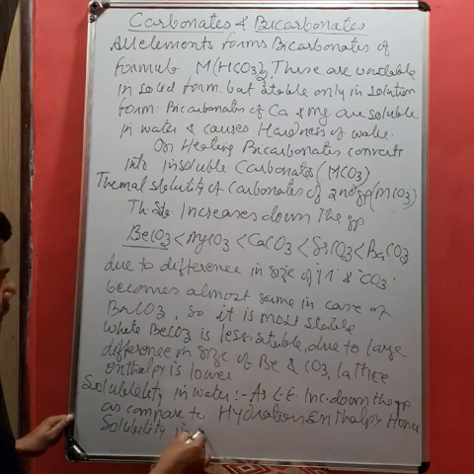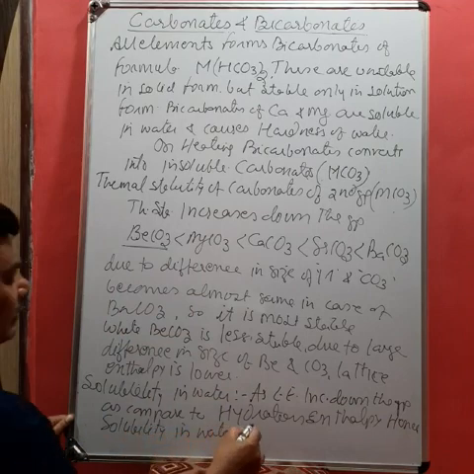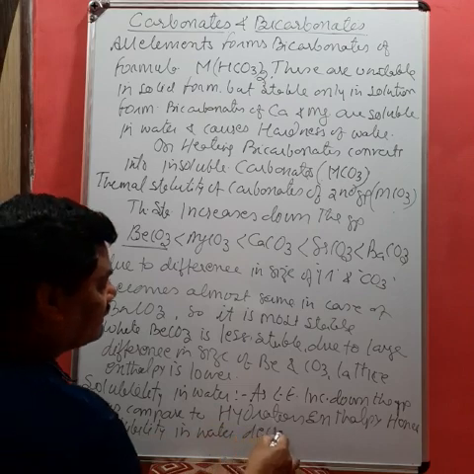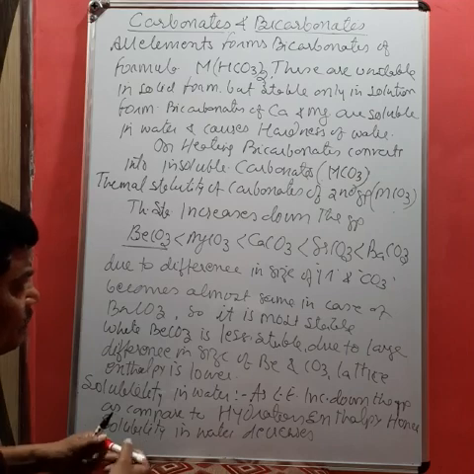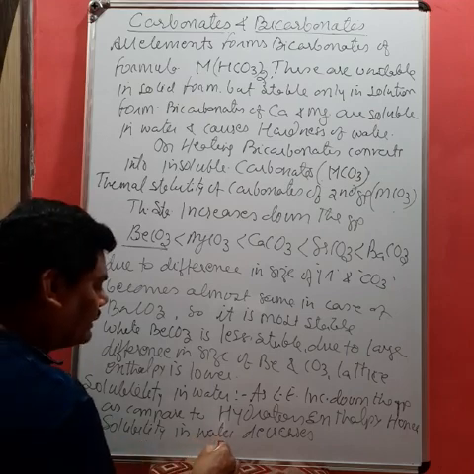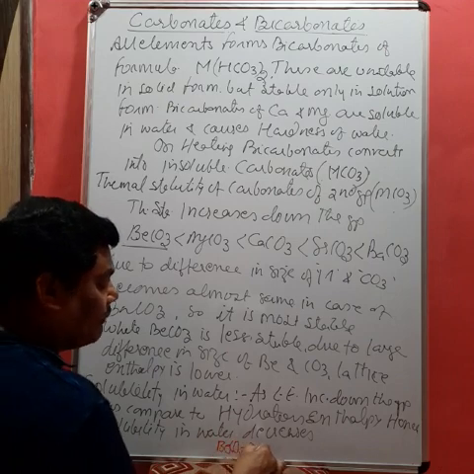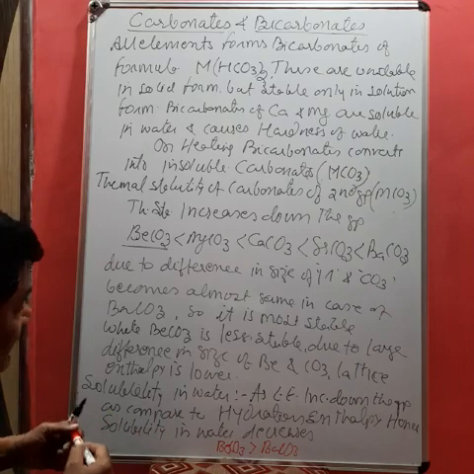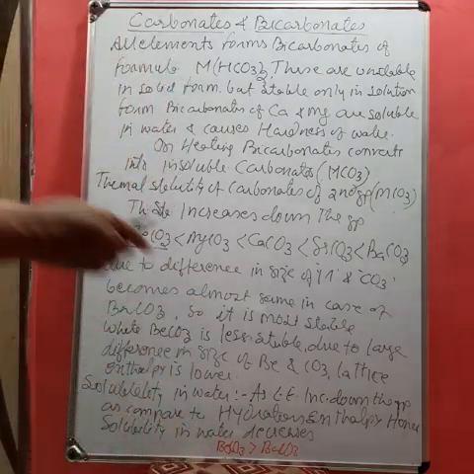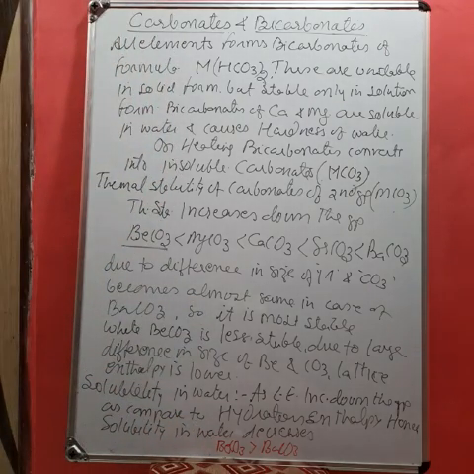Solubility in water what? Decreases. That is what you can say. You can say simply what? BeCO3 is most soluble as compared to BaCO3. So this is due to the lattice enthalpy and the hydration enthalpy.